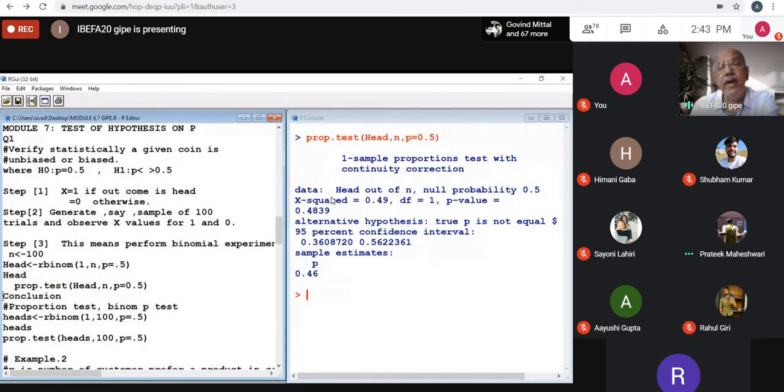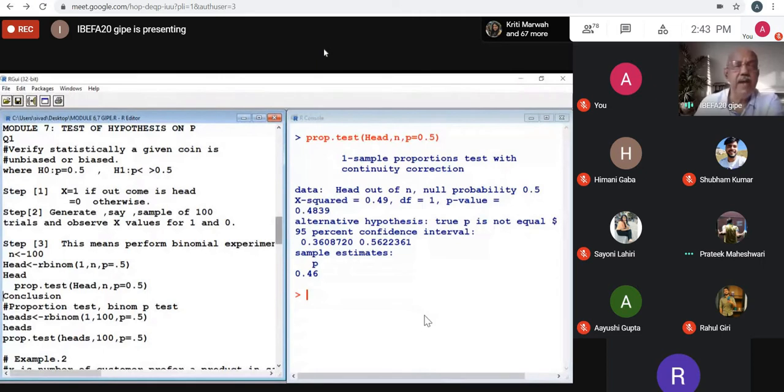How much is the p-value on my screen? 0.4839. Which is greater than 0.05. Level of significance is by default 0.05. Okay, sir, got it. Thank you.